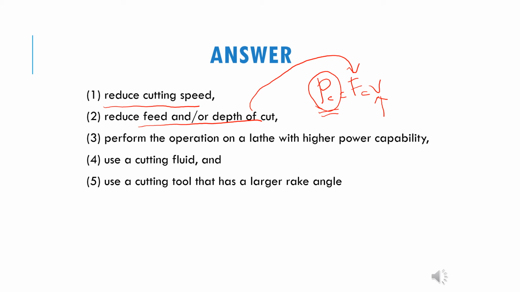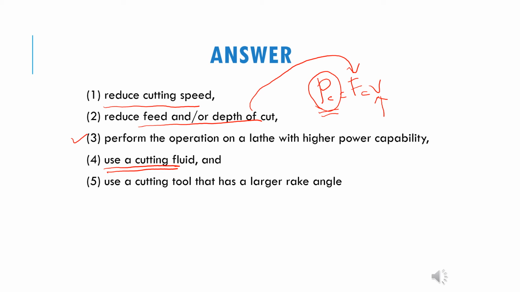And then the third one is the last resort, meaning that if you are not able to perform the machining process on that machine, you can operate on other lathes with a higher power capability. But if you want to solve the problem using the same machine, you can reduce cutting speed, reduce feed rate or depth of cut, and you can also use cutting fluid.